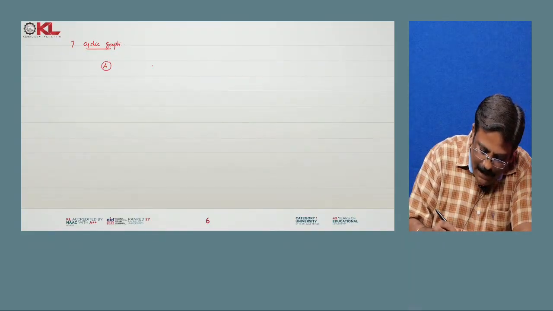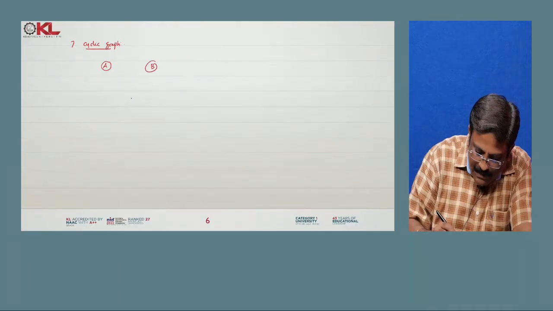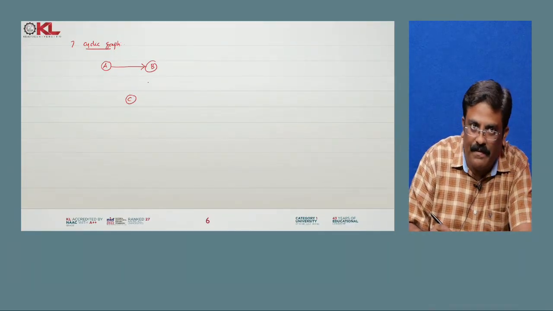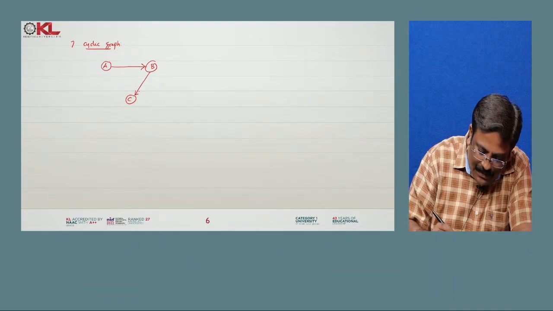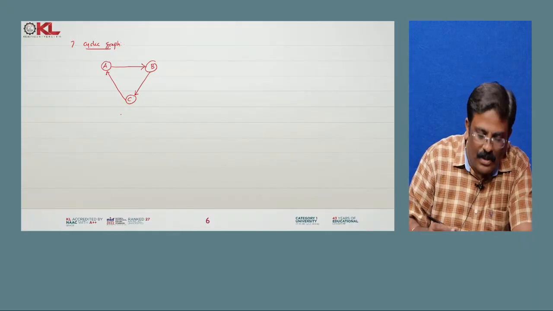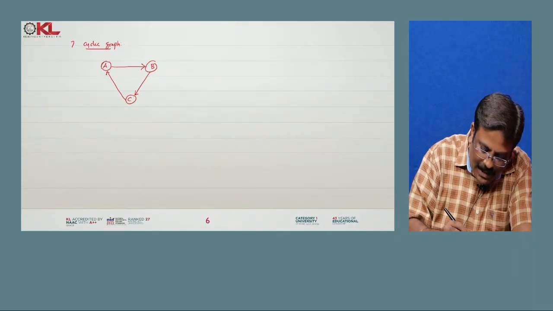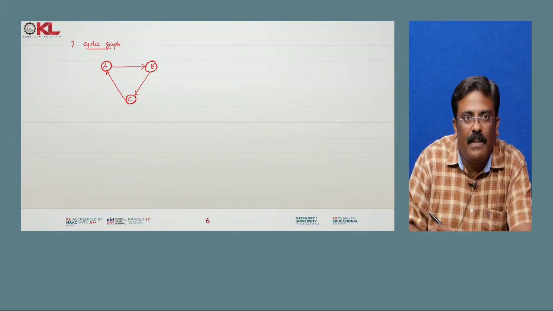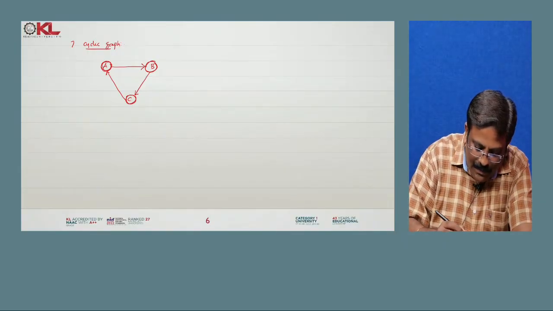Let's say, for example, A, B, C. From A to B it is a directional graph, right? A to B, B to C, and C to A. Let's assume I start from node A. According to the direction, it goes to node B, from B it comes to node C, and from C it comes back to node A.